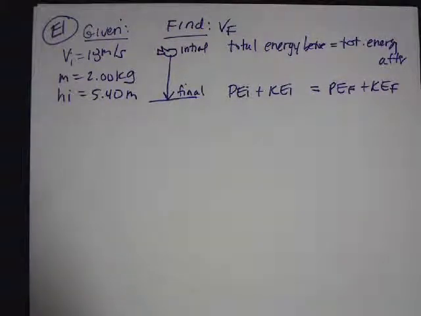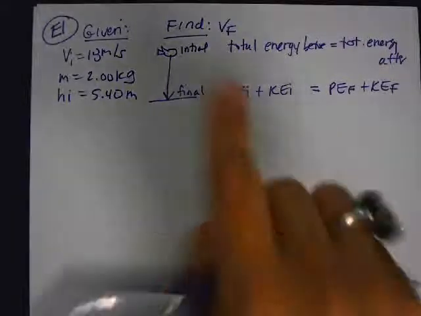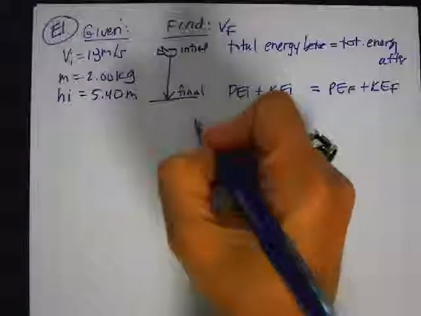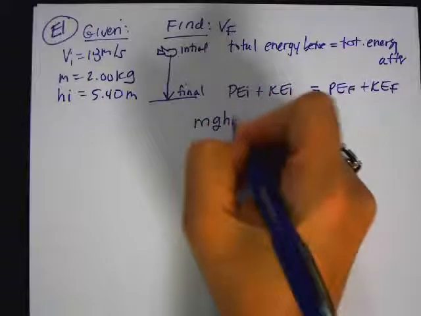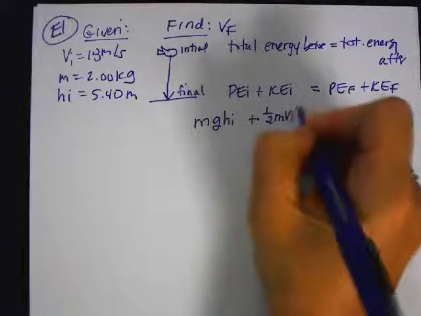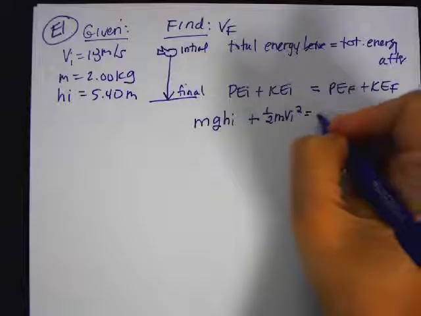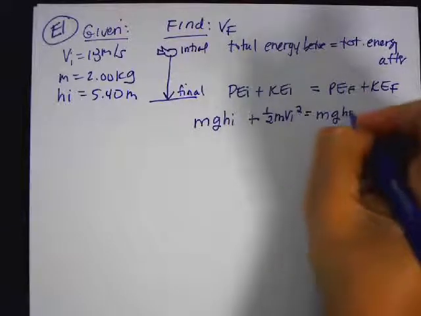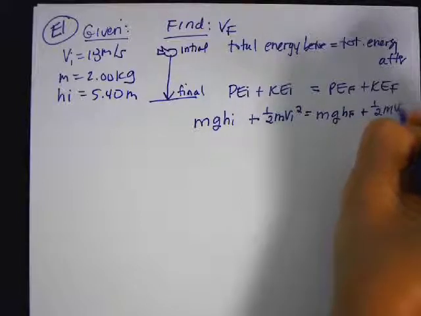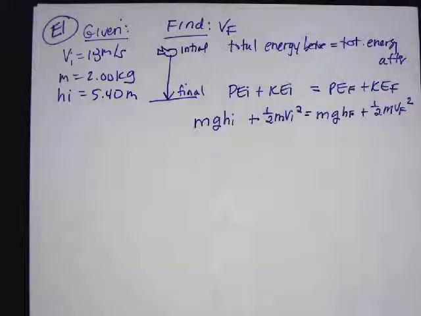Now this problem's a little bit different because the initial velocity of the bird is not 0, so we're not just dropping it. The potential energy is mgh, so this is going to be mghi plus 1/2 mvi squared is equal to mghf plus 1/2 mvf squared.